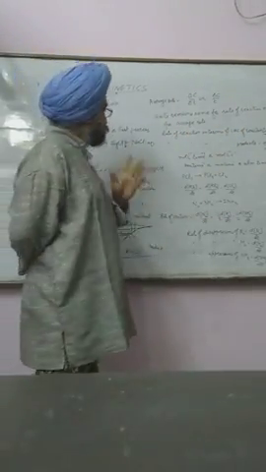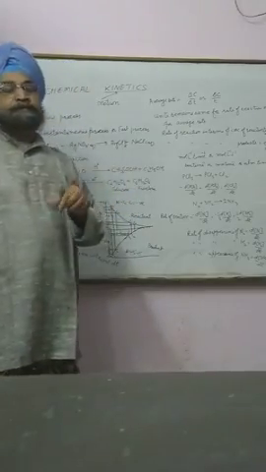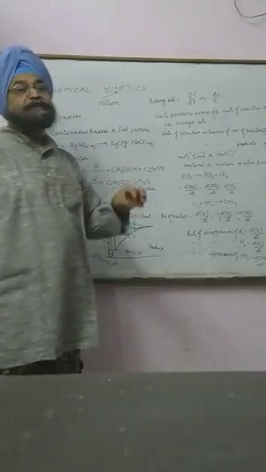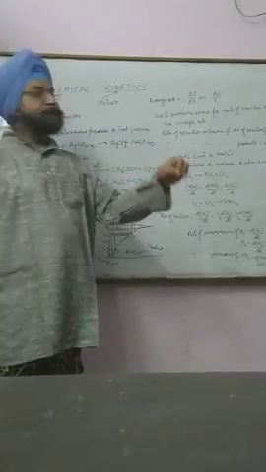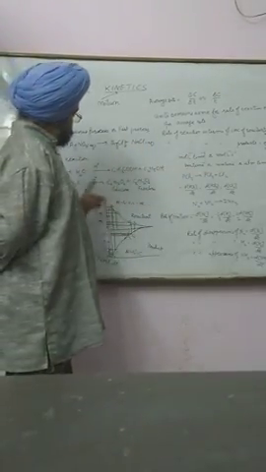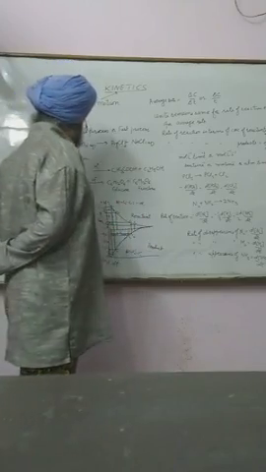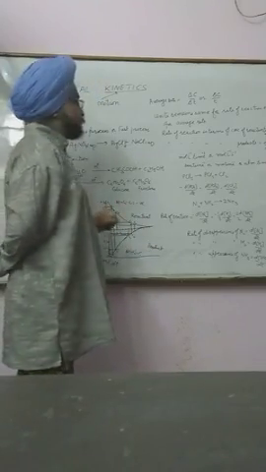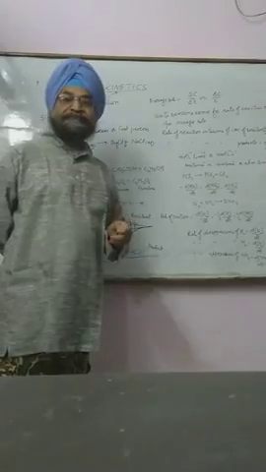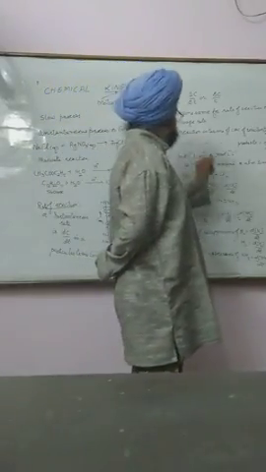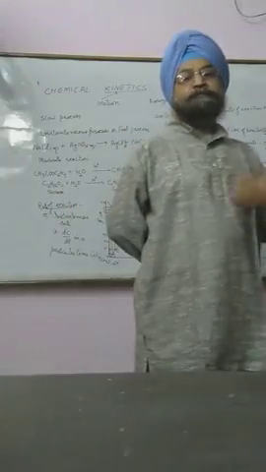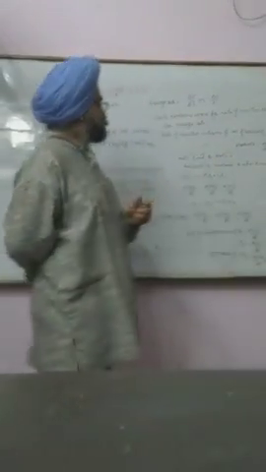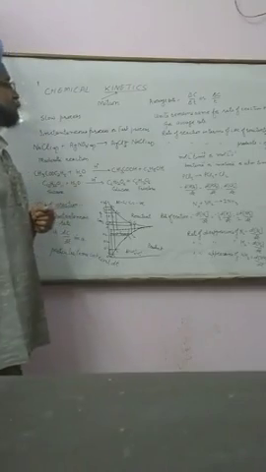When we purchase cloth, then the unit is meter, 100 rupees per meter, 150 rupees per meter. In the same way here, in case of rate of reaction, the unit is time. Maybe per second, per minute, per hour, per year, and so on.